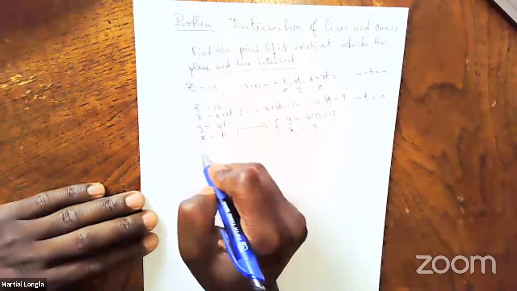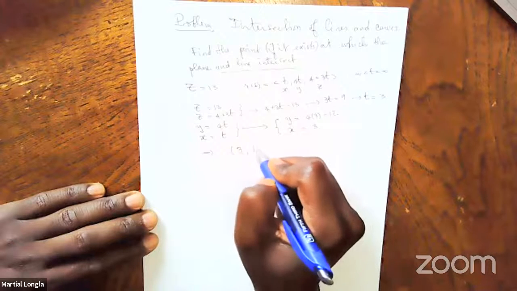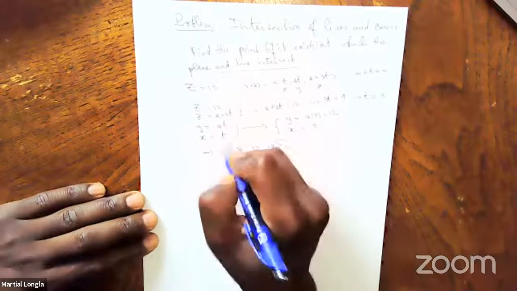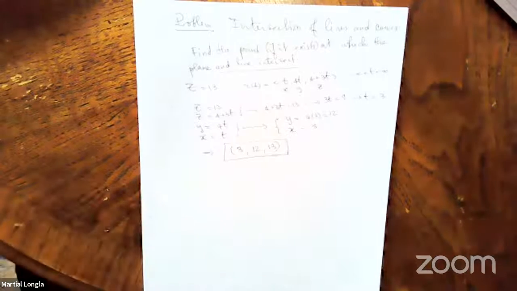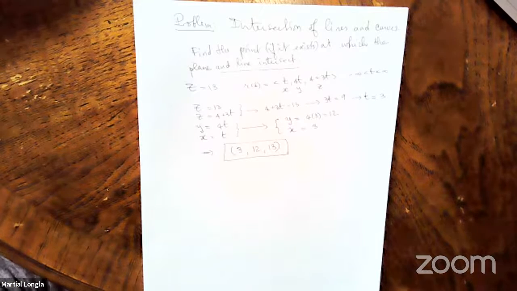So the point is x, y, z. So that's the point of intersection in this case. We were able to find it.